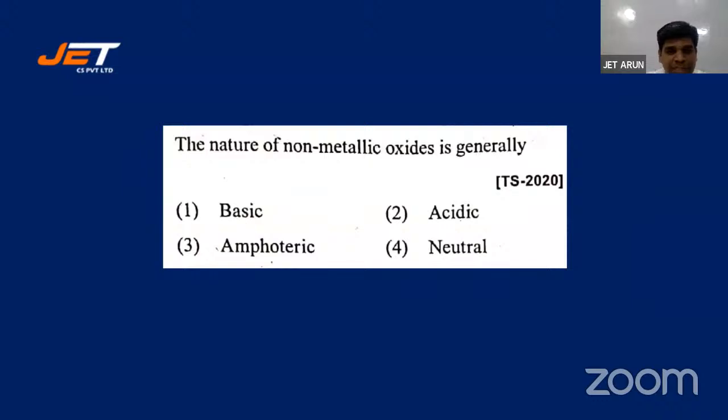It acts as both base and acid, so is it amphoteric, or neutral? It's acidic. Okay, few of you answered one. It's not basic, it's acidic. He's talking about non-metallic oxides. Okay, note where you are going wrong. You can again go back to the YouTube channel and revise. All right.